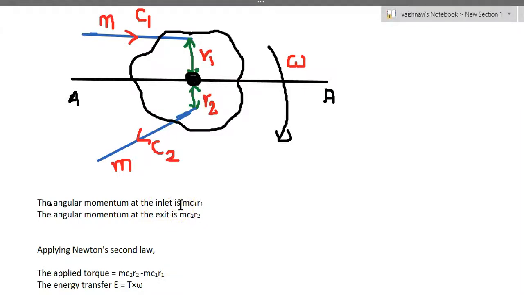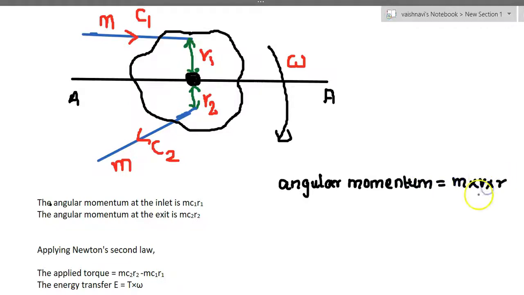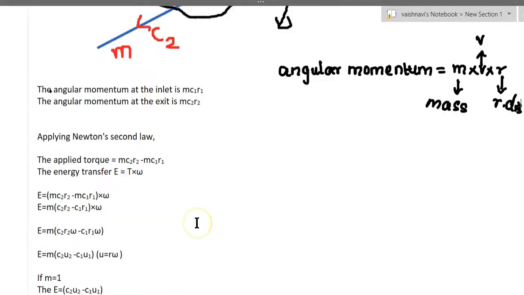Angular momentum is m v r, where m is the mass of the fluid, v is the velocity, and r is the radial distance. The angular momentum at the exit will be m into c2 into r2.